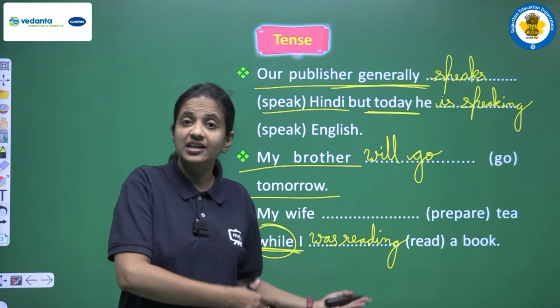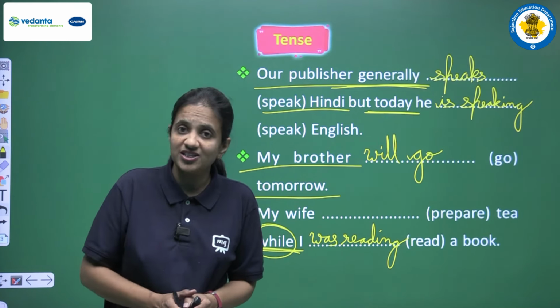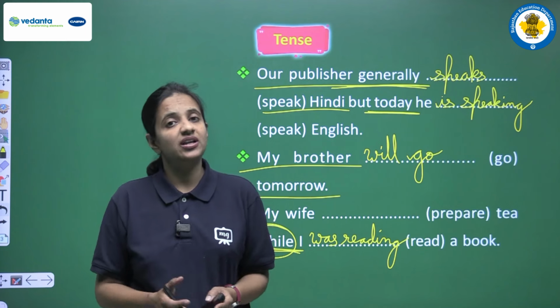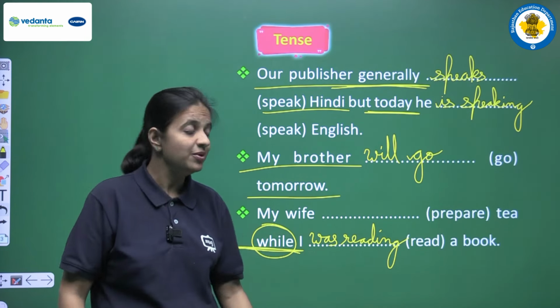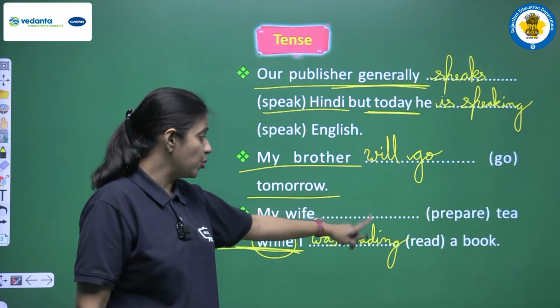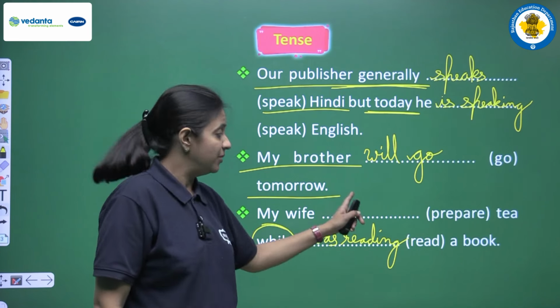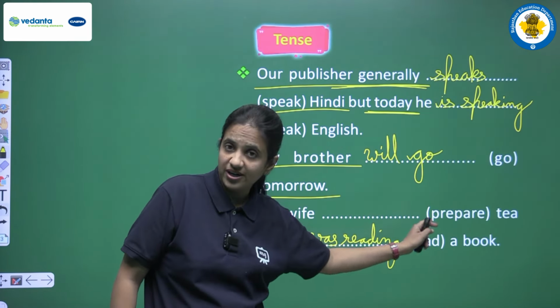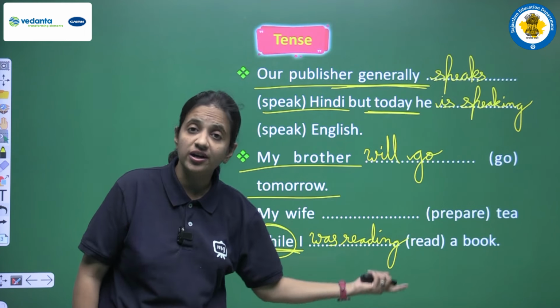Okay, so after reading the sentence it becomes very clear to us that both the actions were going on, they were in progress at the same time. So one thing is clear that after while we have to use continuous form, but here this thing is also clear that this action was also in progress, this action was also going on at the same time.